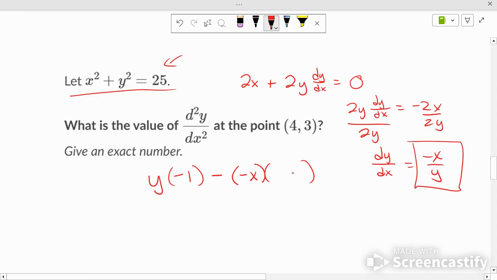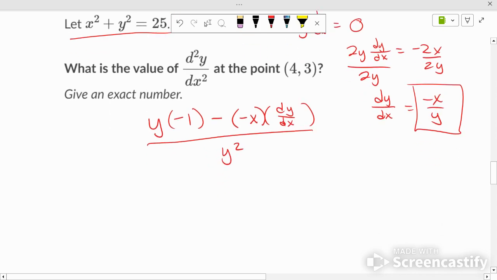What's the first derivative of y? Dy dx. All over y squared. Minus a negative is? We're going to do that right now. So we got negative y plus x times what? Negative x over y all over y squared.